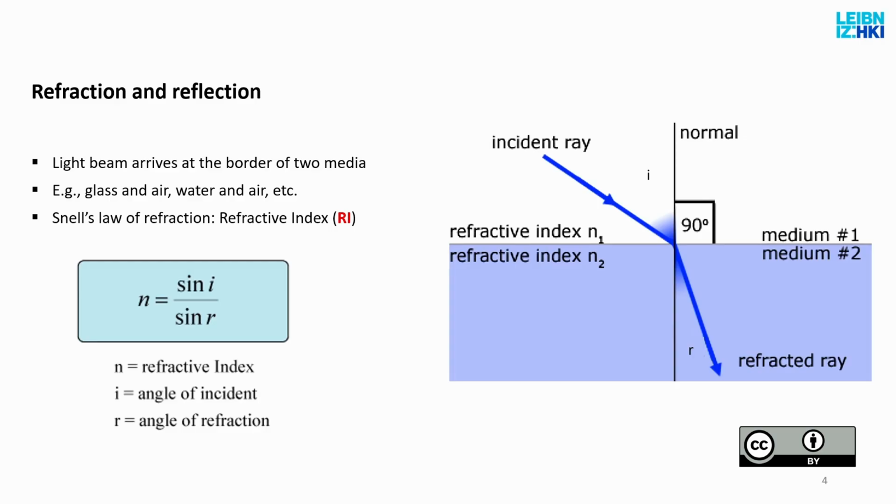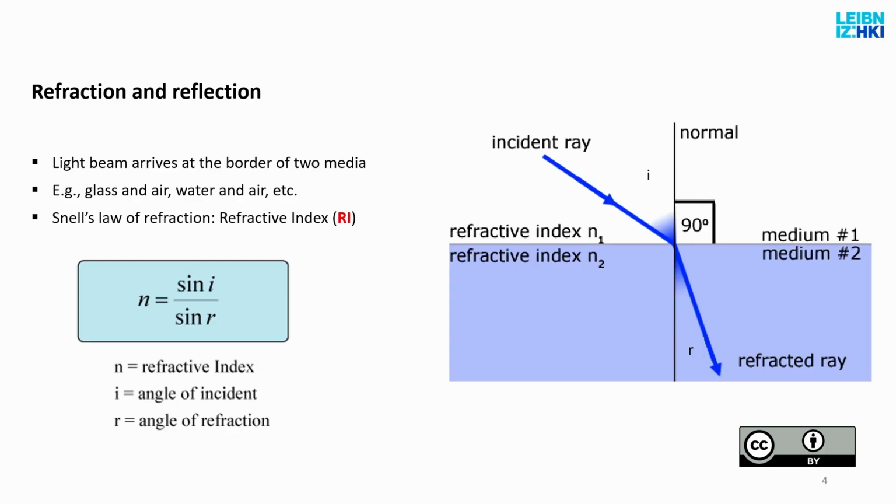The ratio of these two angles is not by chance, but rather the sine function of these two angles form a ratio which is constant. By constant, I mean characteristic of the two media that meet at this border. For example, if it's air and this is water, then this ratio is 1.33. If this is air or vacuum and this is glass, then this ratio is 1.5.